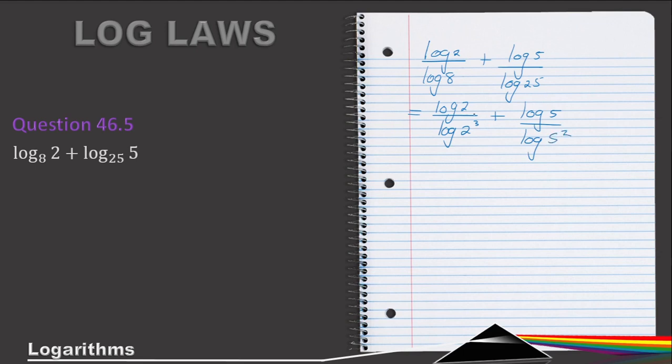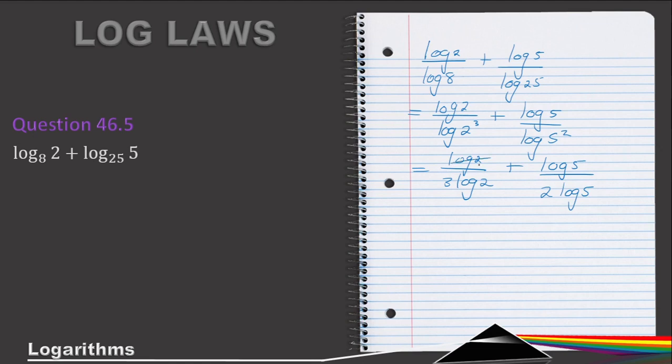Okay. Then law 3, take the exponents to the front. Log 2 over 3 log 2 plus log 5 over 2 log 5.